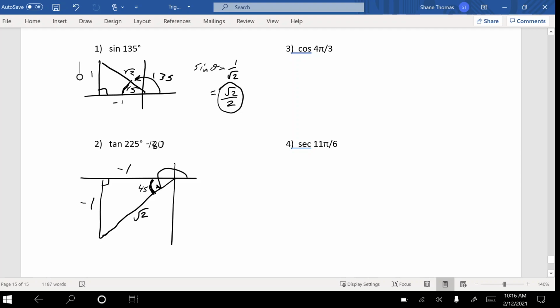All right, so now I need the tangent. The tangent of that angle, tangent is what over what? Opposite over adjacent, correct. Opposite is -1. Adjacent is -1, so therefore 1. So the tangent of 225 degrees would be 1.